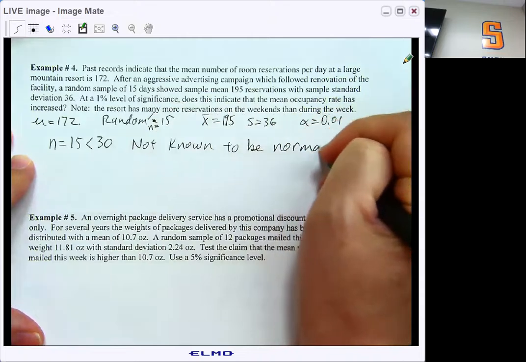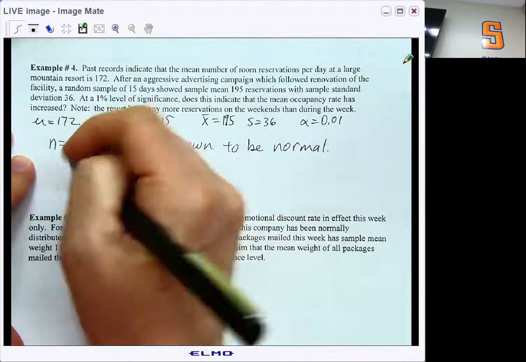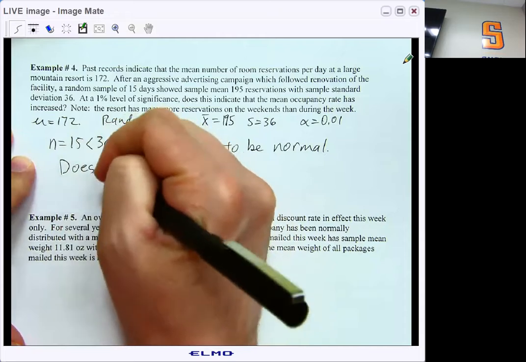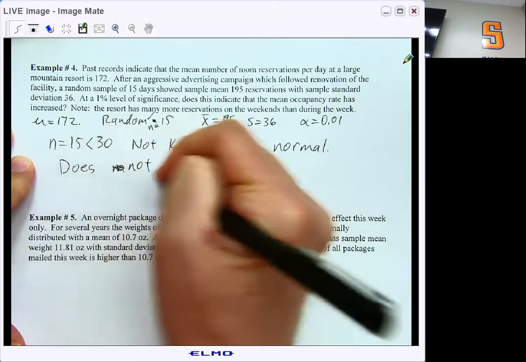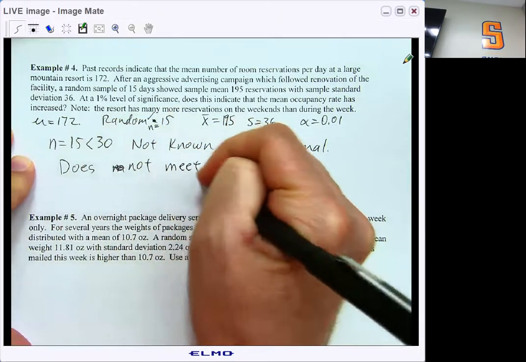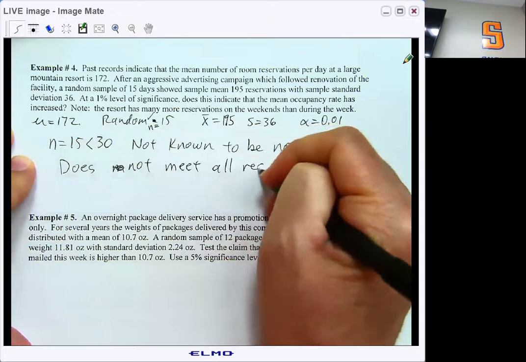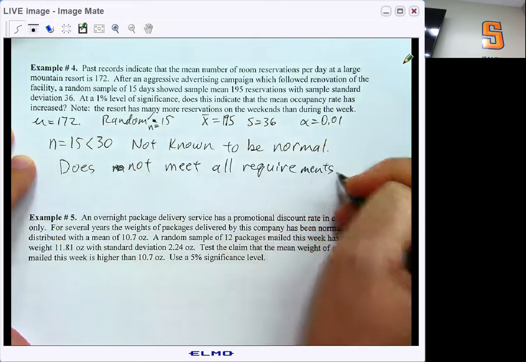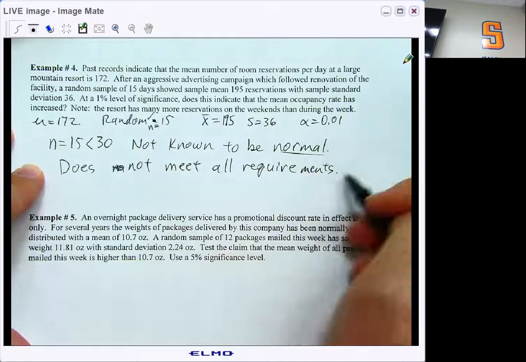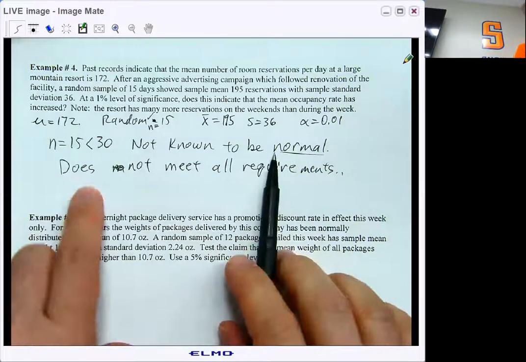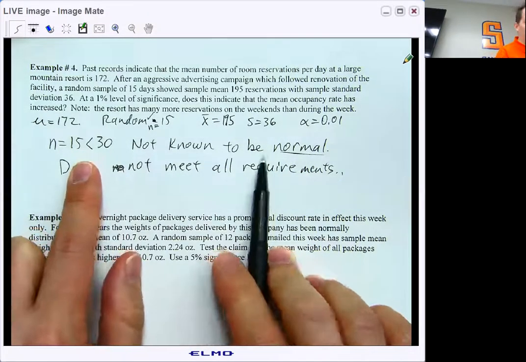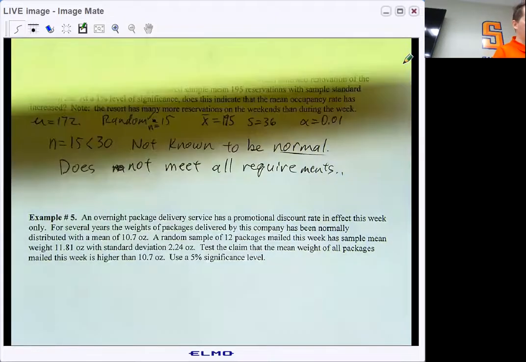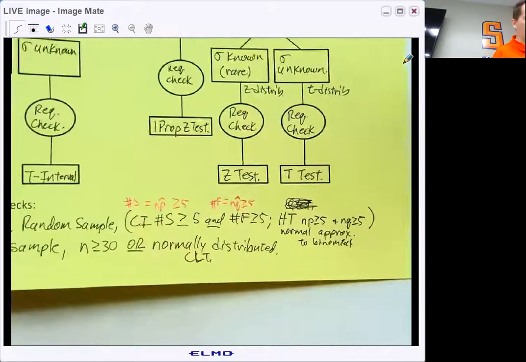So actually, this problem is easy because it does not meet all the requirements. If it doesn't meet the requirements, tell me so, and then stop. The problem's done. Only continue and work if we meet the requirement check.